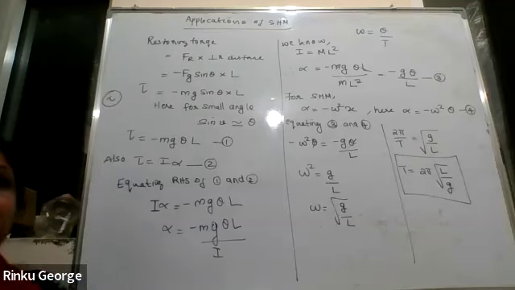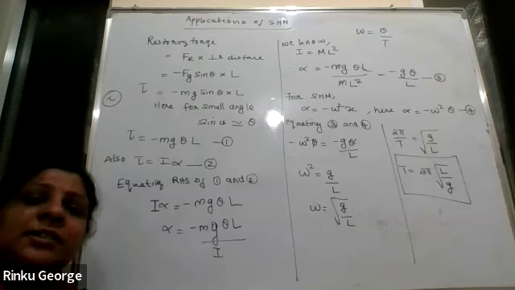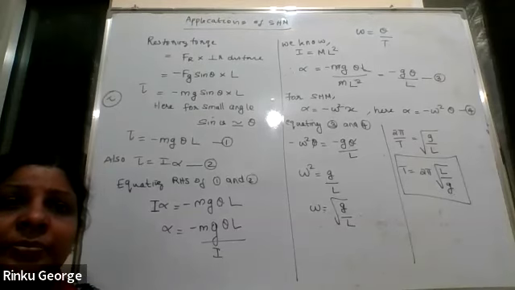Understood? Negative sign shows that the force acts to reduce theta. That is clear, right? The force is acting and the theta gets reduced.